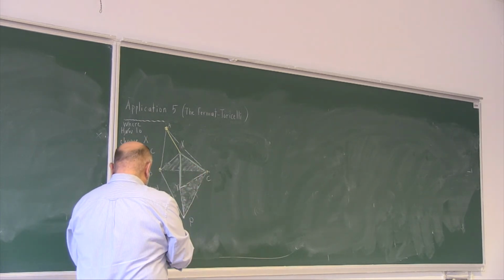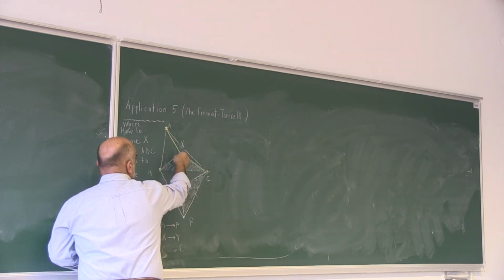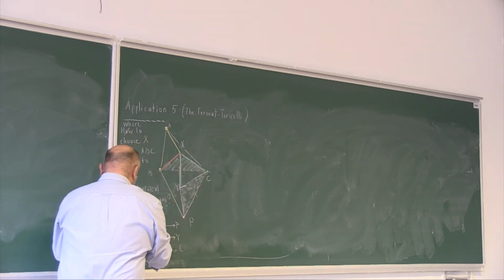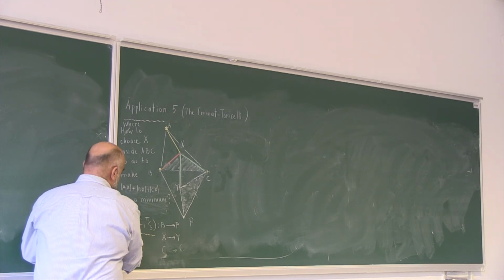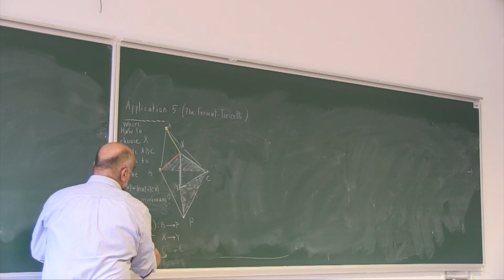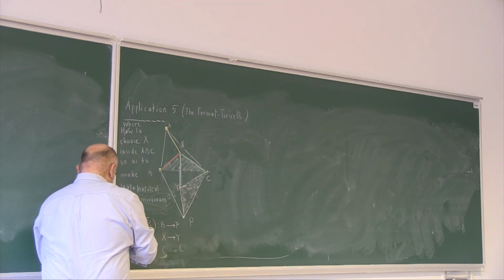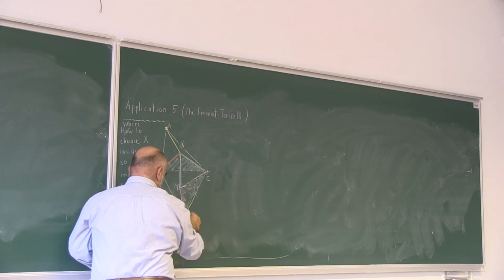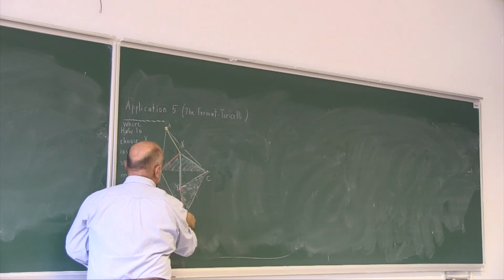And finally, the length XB: through this rotation, I know that the triangle CXB is congruent to the triangle CYP. So it means that the line segment XB and the line segment YP are the same. So you see?